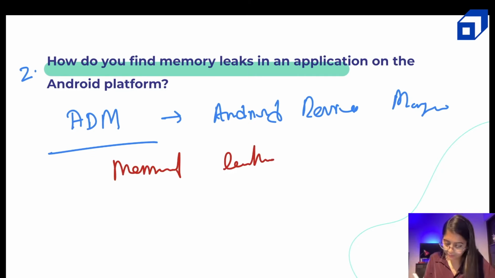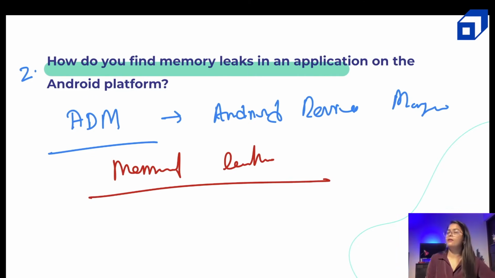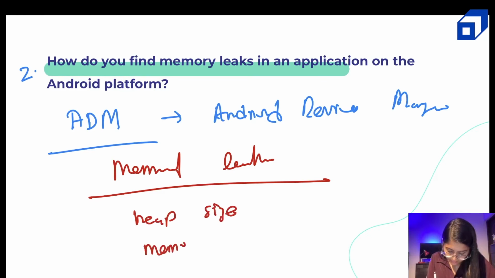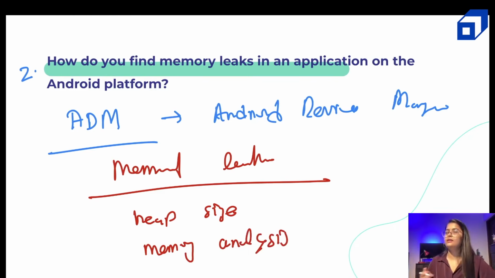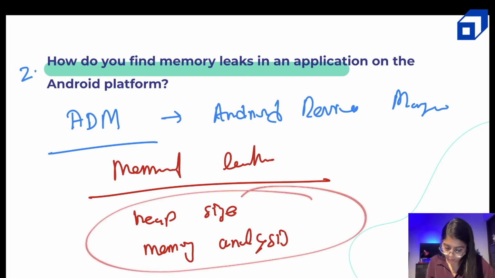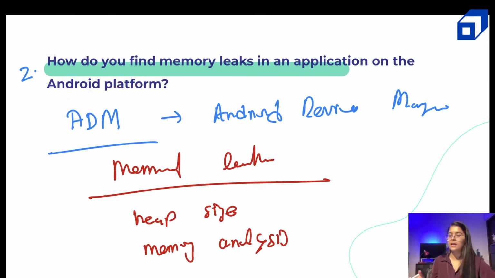If you have been developing Android applications, you would know that we use Android Studio, right? When you open ADM in Android Studio, you can see parameters like heap size or memory analysis along with other parameters when you run the project. These parameters are very important in ADM, and they are the ones which help you find memory leaks in an application.